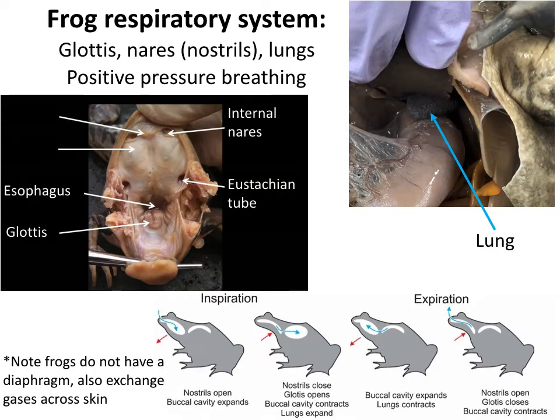All right, one really interesting system that we haven't really talked about is the respiratory system. The way that frogs breathe is very different from us. I mentioned they do have a lung, okay? The lungs are up by their heart, which is anterior to the liver.